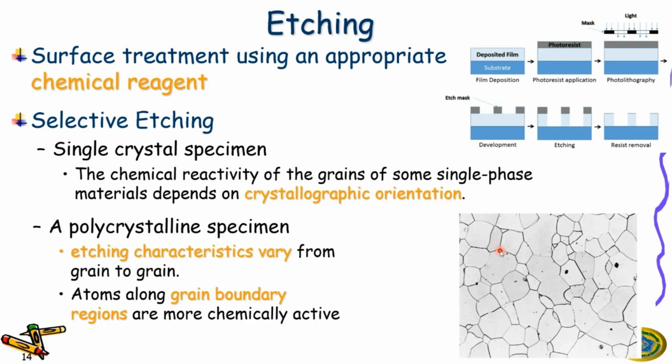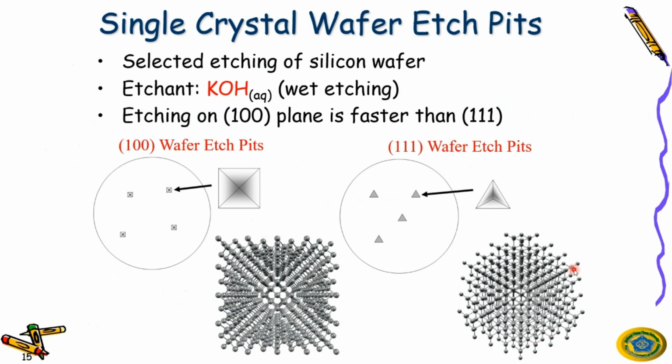Often along the grain boundaries, regions are more chemically reactive. So the grain boundary will have higher chemical activity compared to the grain itself, right? The chemical will go into the grain boundary first. So that's what we call etching.